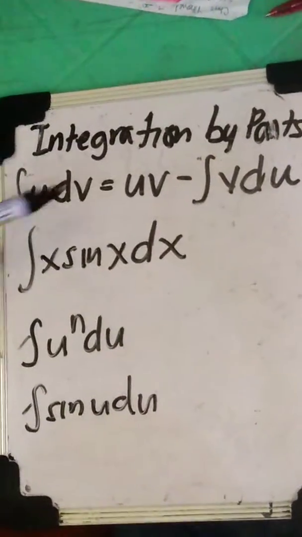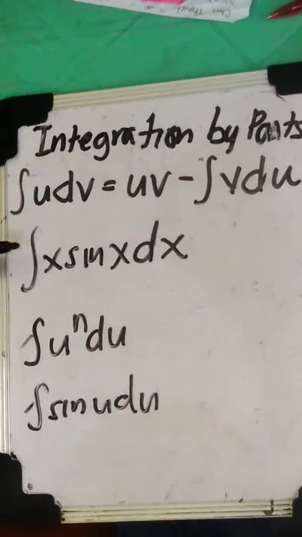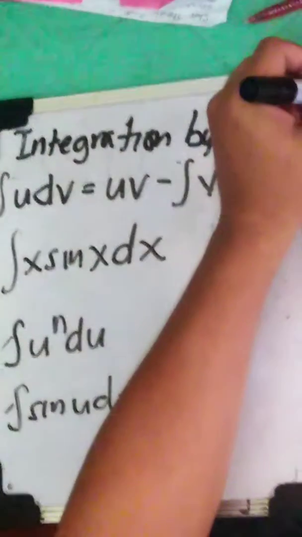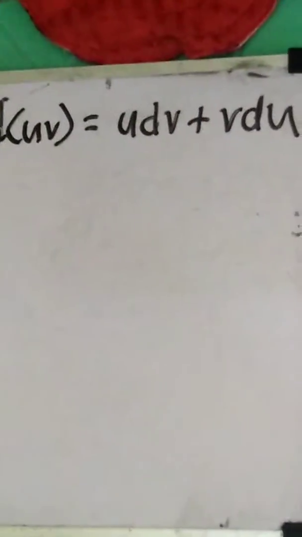Now, this formula is derived from the derivative of uv, which is equal to u dv plus v du, using the product rule.